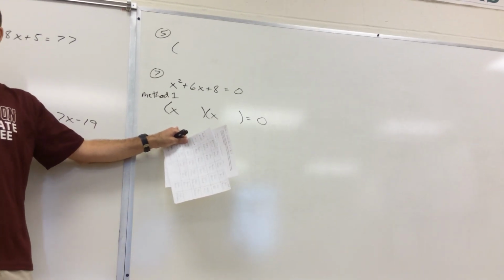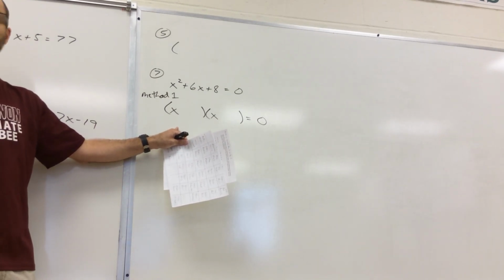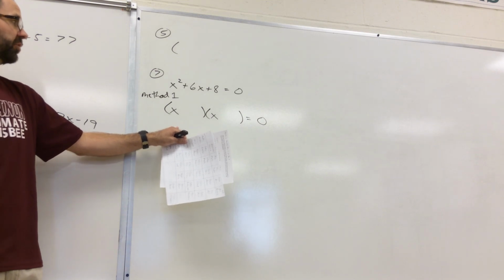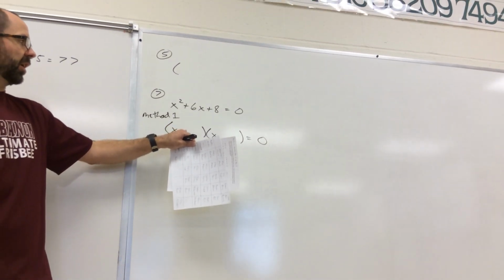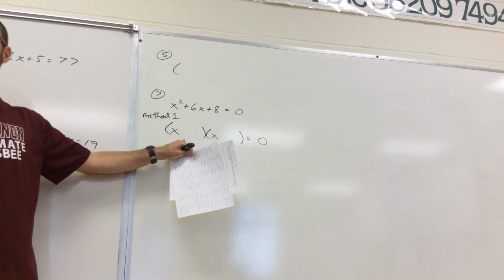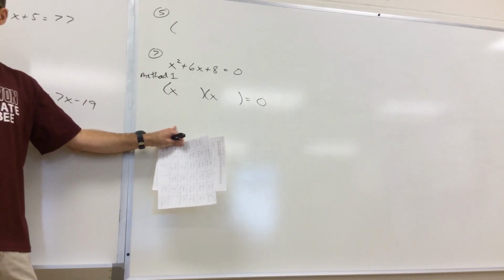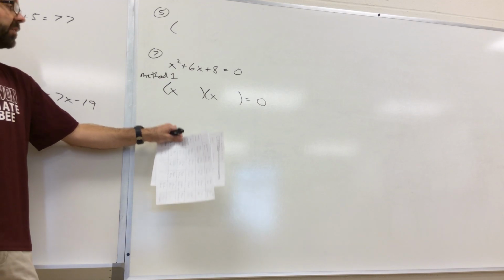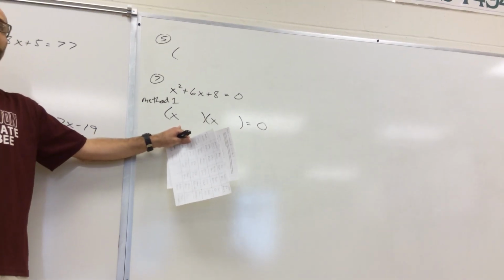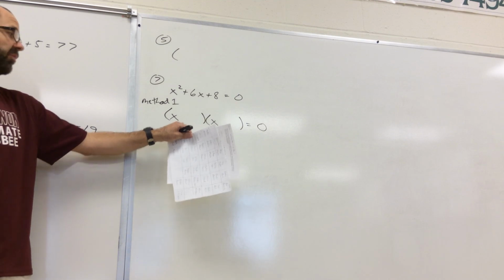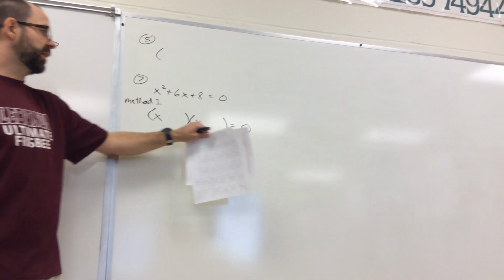All right, what else, Rachel? You're gonna have opposite signs. Okay, plus and minus. All right, why are you saying plus and minus? Okay, so Rachel's saying that every time you factor, you're going to have a plus and a minus.